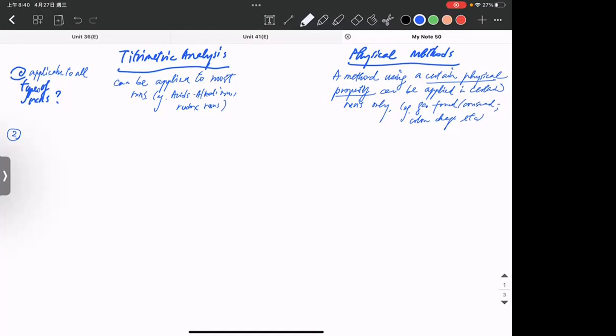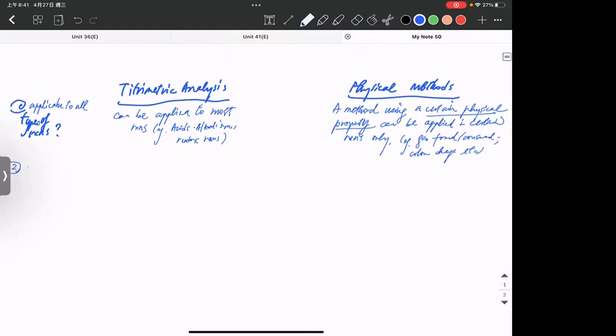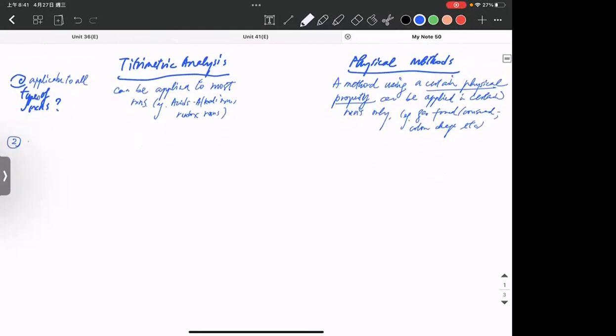Yes. Anyone who can help? How about whether you are going to intervene in the reaction, for titrimetric analysis? How about the physical method?